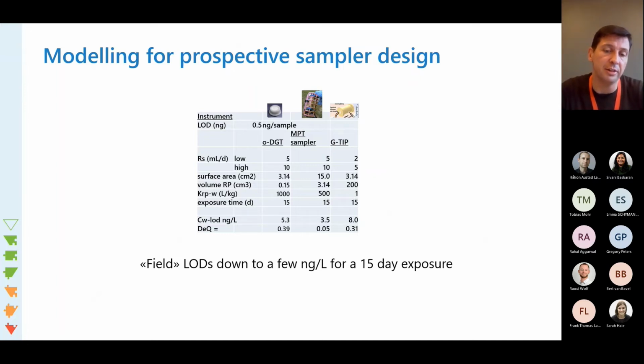We end up for most of these samplers with limits of detection in the low nanogram per liter. And then this DEQ is this degree of equilibrium. It's very artificial, but it's a calculation, with the sorption capacity of the receiving phase, of how far we are from reaching this form of equilibrium with the device. So if we are below 0.5, we should in principle still be sampling integratively.